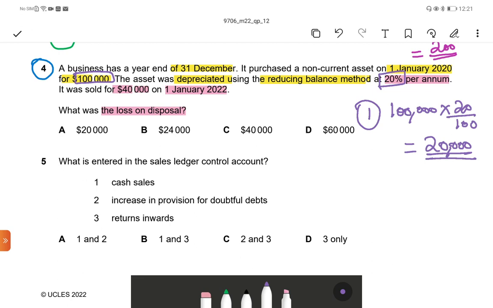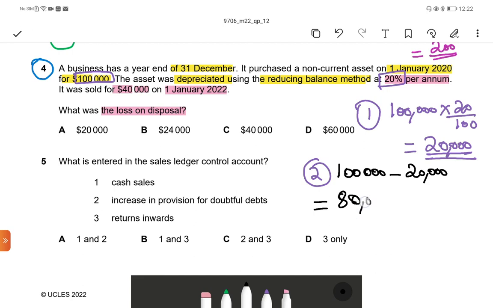Second year depreciation: reducing balance method means we calculate on net book value. Net book value means cost minus depreciation. Here the cost is 100,000 minus 20,000 is equal to 80,000.